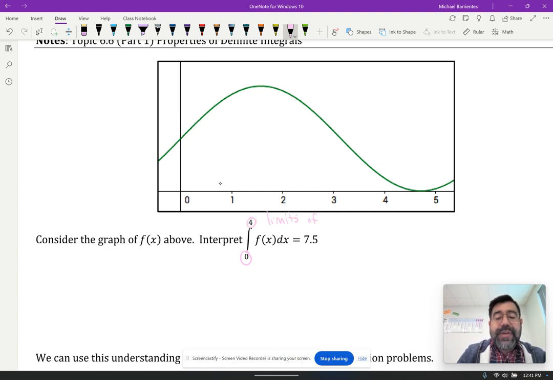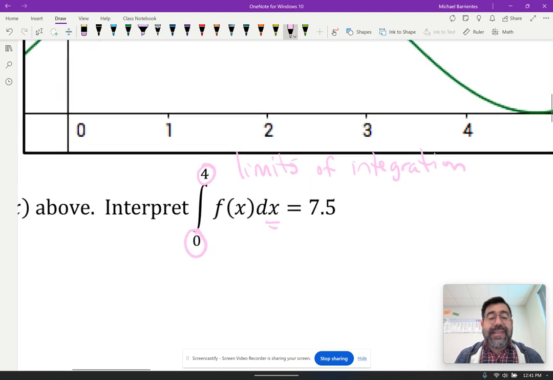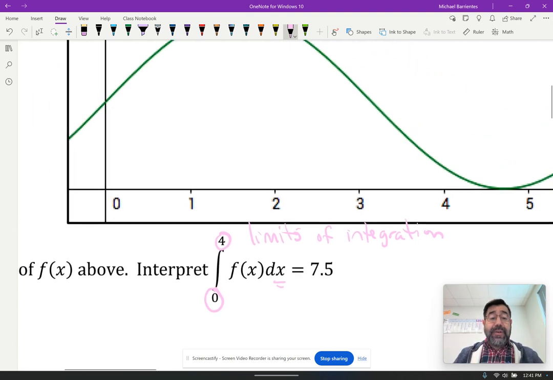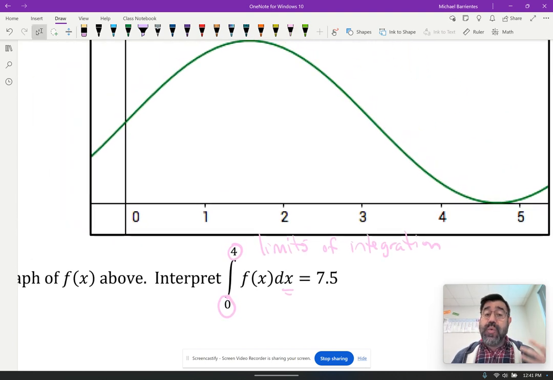The limits of integration tell me the interval or domain we're going to be looking at. What we're going to find later is that the limits of integration are related to whatever this variable is. I see this dx, so these are x values. We might see a dy, then the limits of integration would be y values, and we'd be looking for the area trapped between the curve and the y-axis.